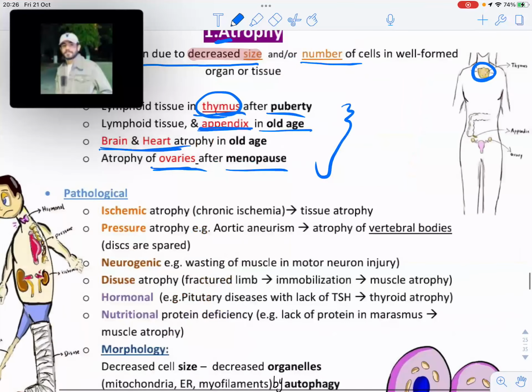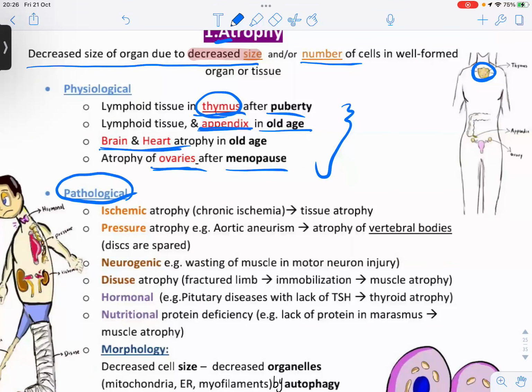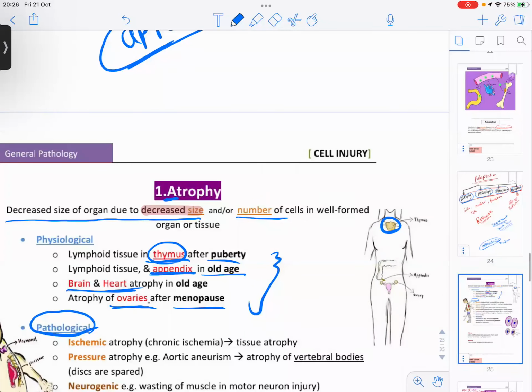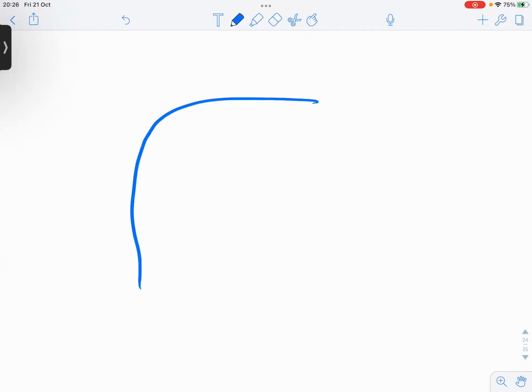Okay, now the pathological atrophy. Before explaining pathological atrophy, let's talk about how the cell gets its nutrition, how the cell gets its supplements. This is a cell.